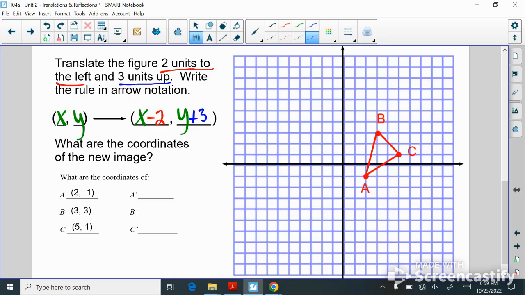So 2 ways of writing the same thing. One is called arrow notation, one is just given in words. So I'm going to translate this figure now here. Each point is going to move 2 to the left and then 3 up. So this is my A prime.